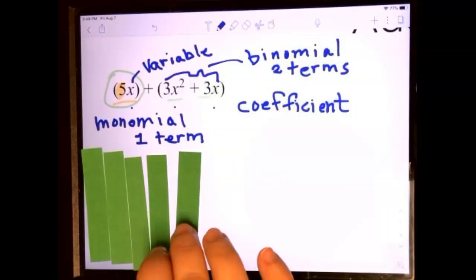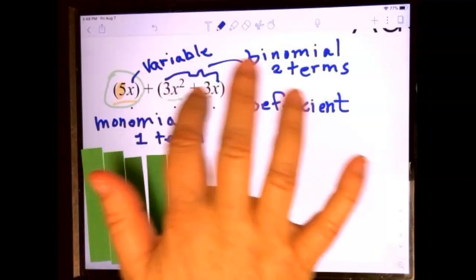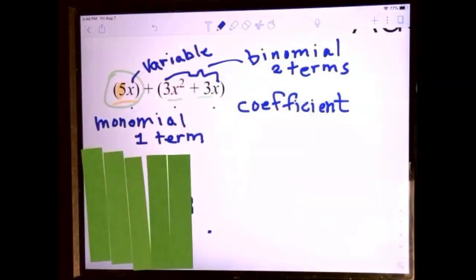Okay, now we need to represent the second one, and we're adding them together. Nothing's going to change over here because this is a plus sign. So I have 3x squared. I don't know if I'll be able to fit all this on here, but I'm going to try.